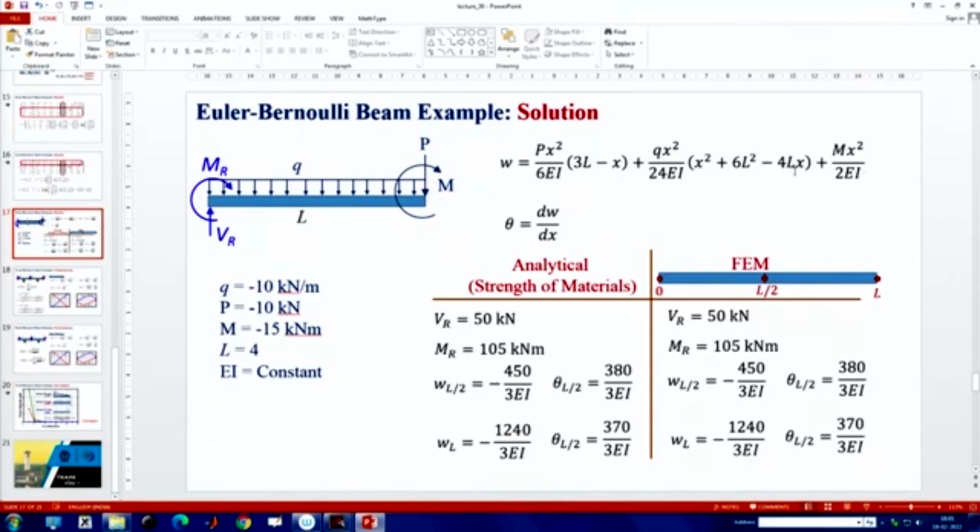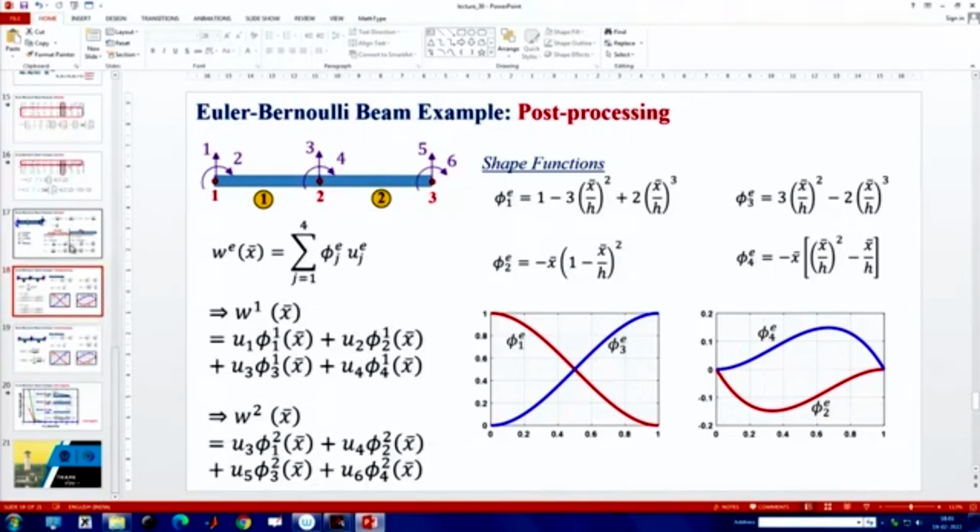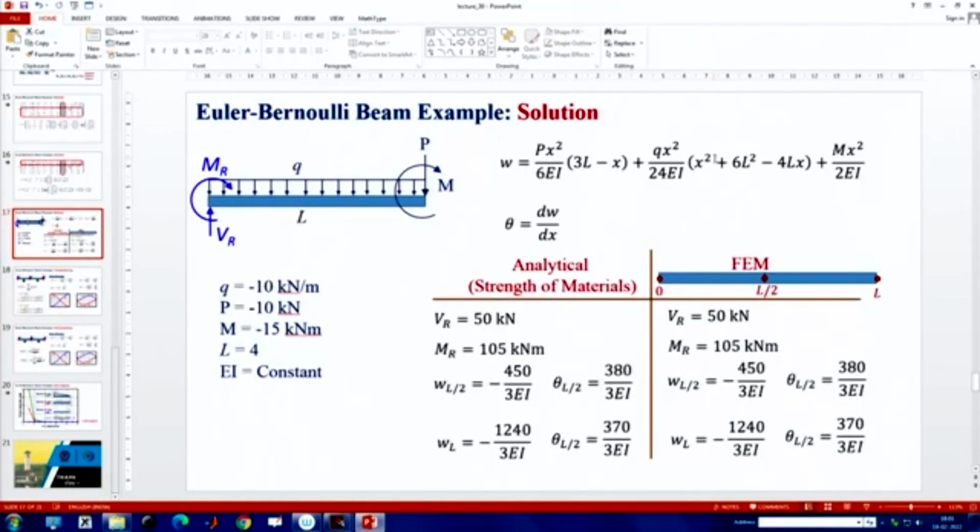But the contribution from the third part is fourth order. Now, our shape function is third order, right? We are trying to use a third order polynomial to approximate a polynomial which is fourth order. And therefore, some error is bound to happen, right?